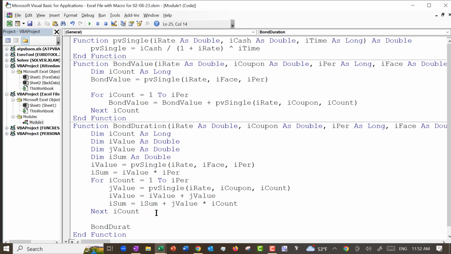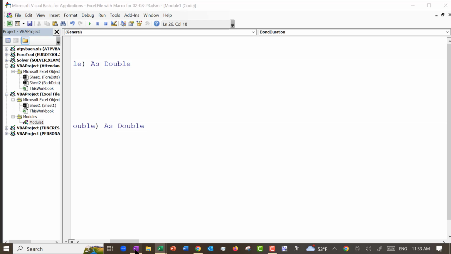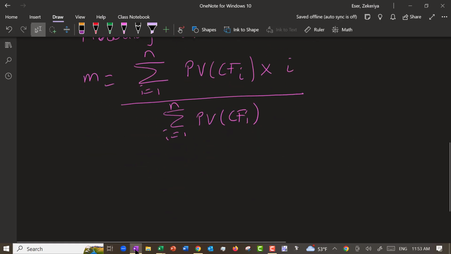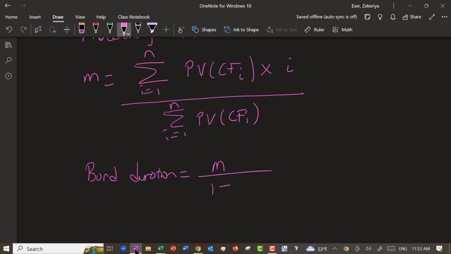Bond duration, this is technically Macaulay duration now, is I sum over I value. And bond duration, Macaulay duration divided by 1 plus rate.